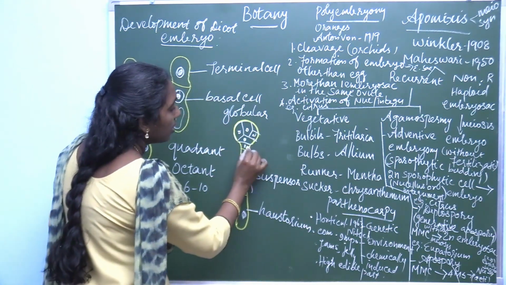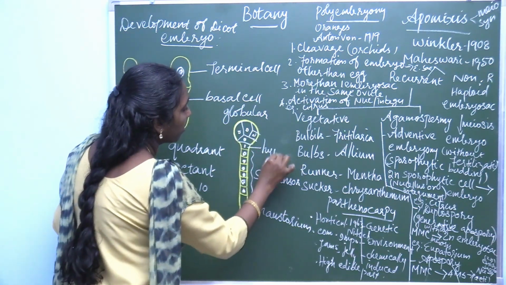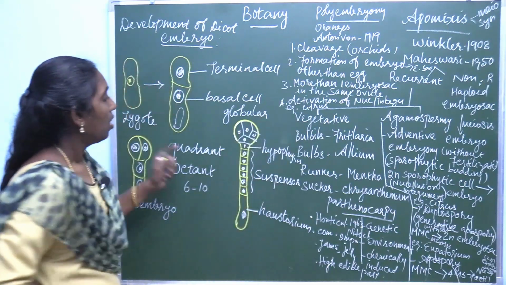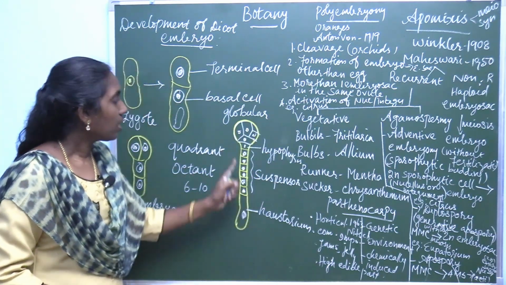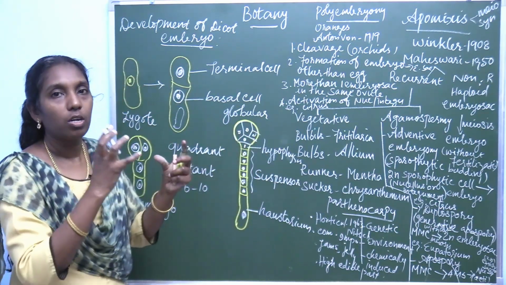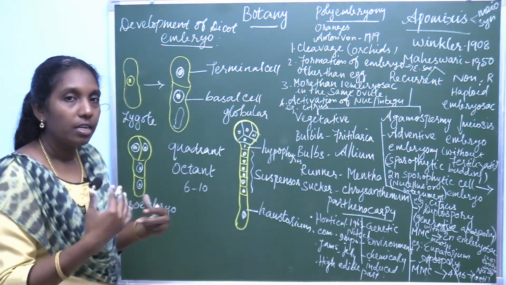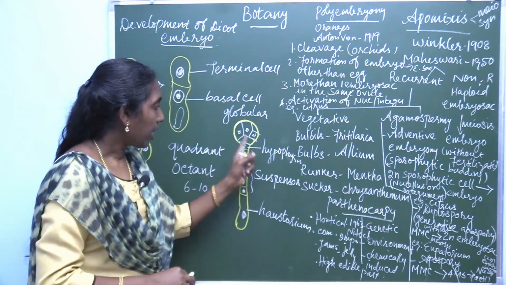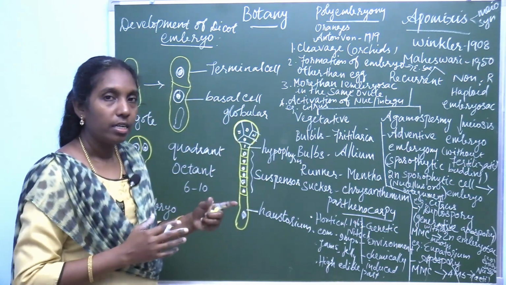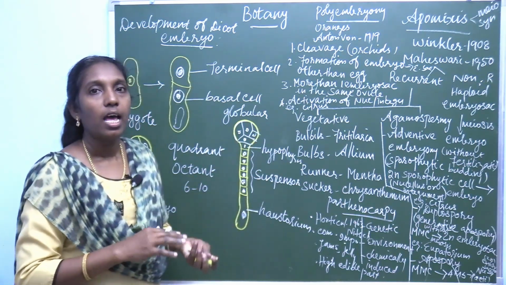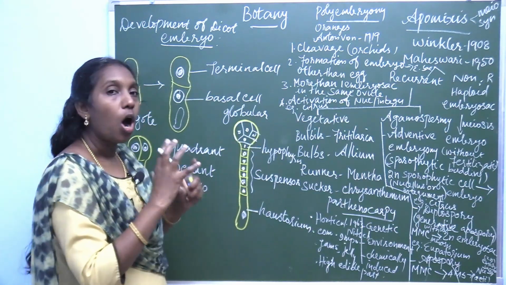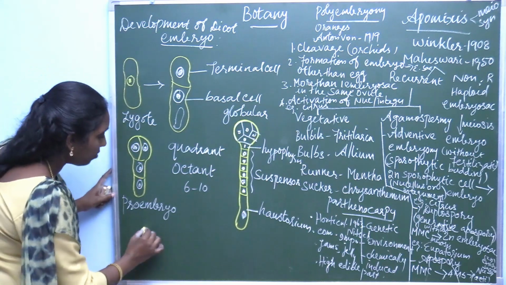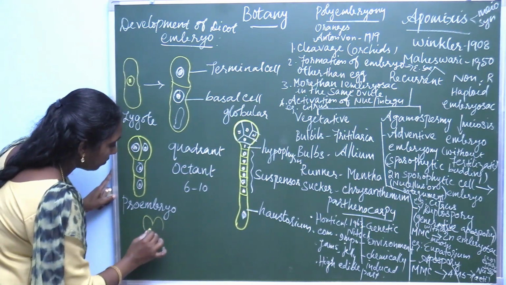The lowermost cell is called the hypophysis. This is the suspensor, this is the embryonal mass. Further, a transverse division and 2 vertical divisions take place in the hypophysis and it becomes a heart-shaped embryo.